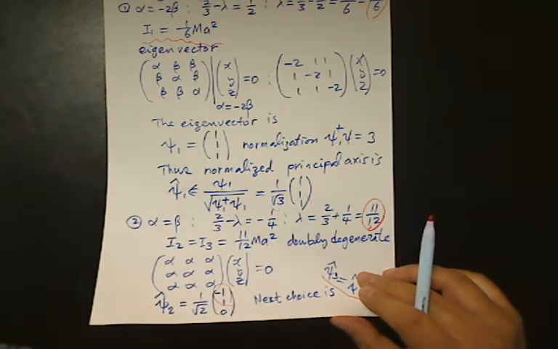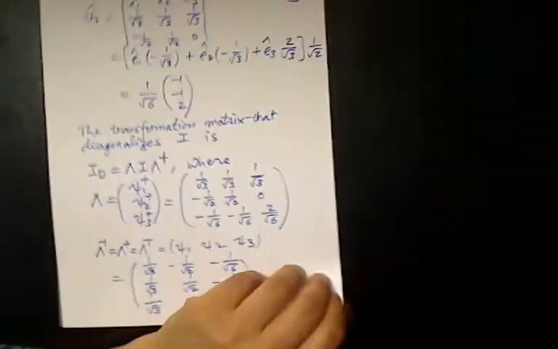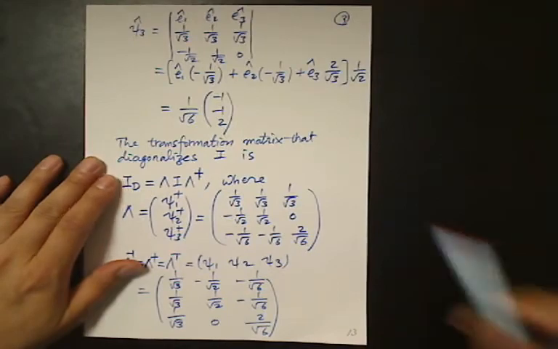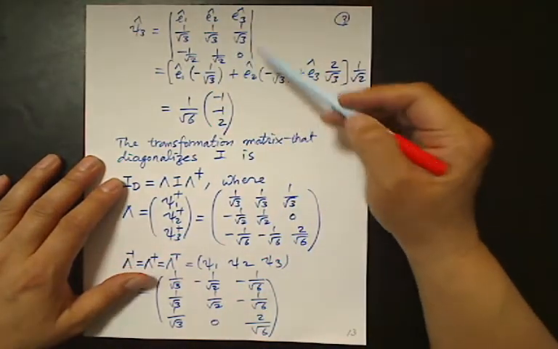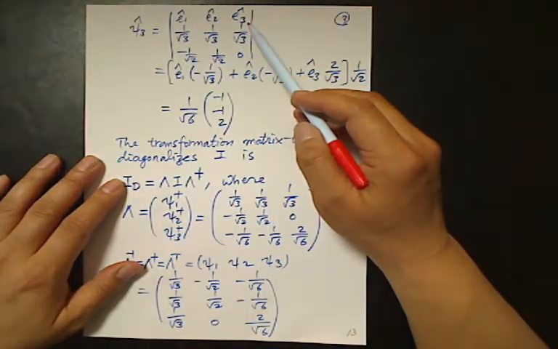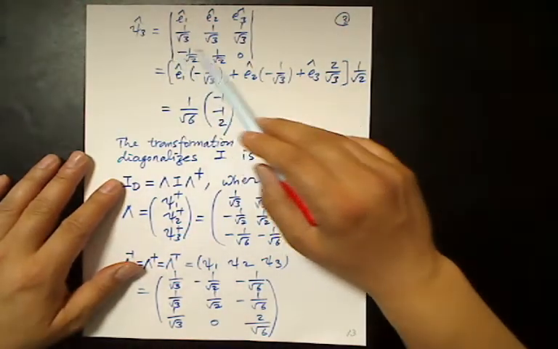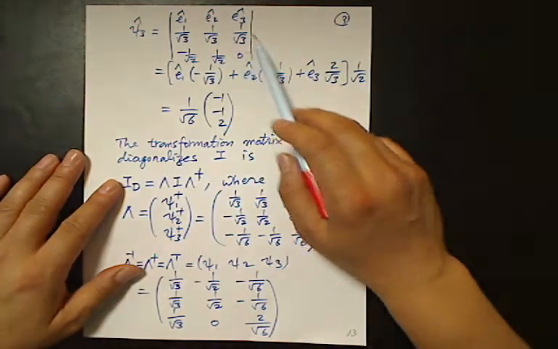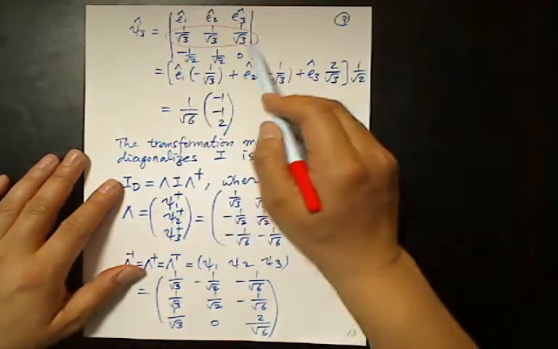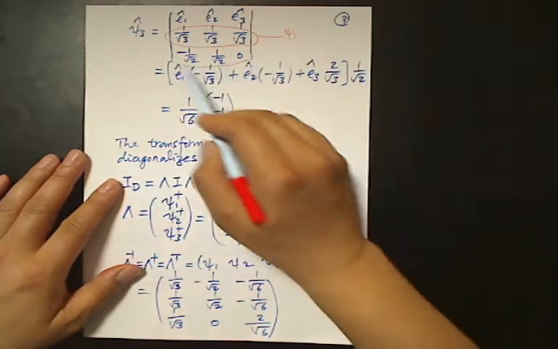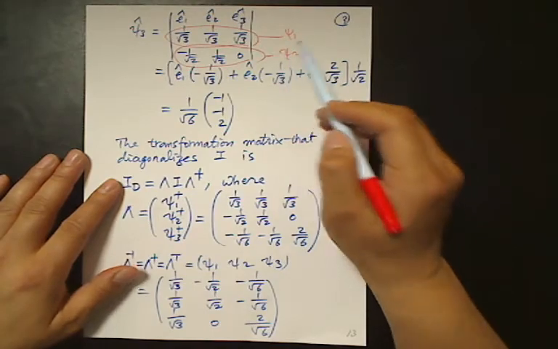The computation of the third eigenvector can be found in a determinant form, with 1, 2, 3 components, and this is the first element, the components of the first vector. This is psi 1, and this is psi 2 components.